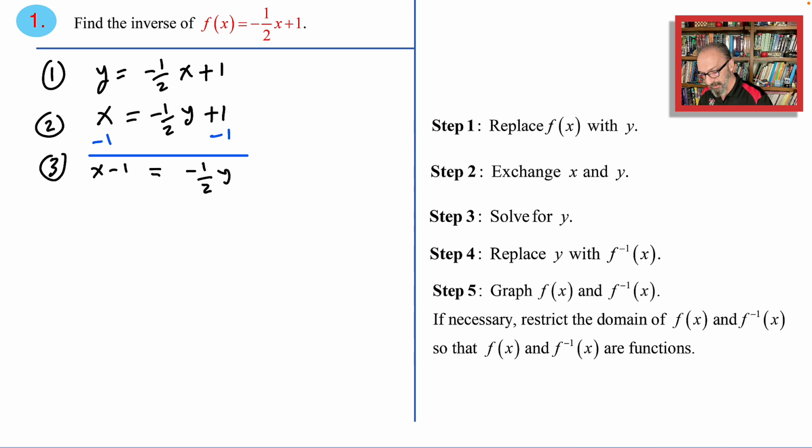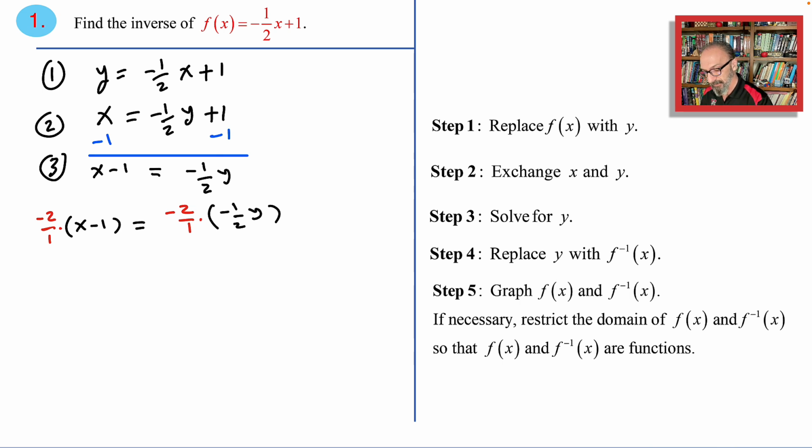To solve for y, I need to multiply the right-hand side by the reciprocal. So let's write x minus 1 right here. We multiply by the reciprocal, that's negative 2 over 1. To leave y alone, of course we have to do it on both sides.